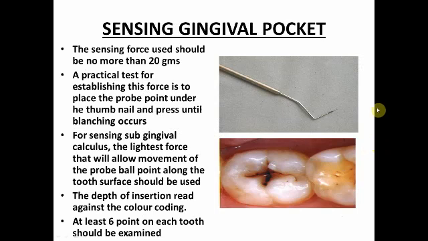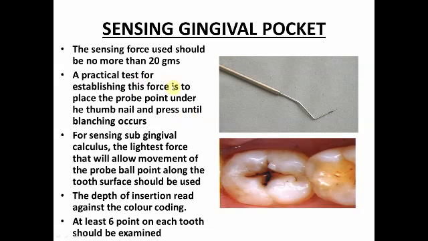The sensing force used should be no more than 20 grams. The person who performs this test needs to be trained, because excessive pressure will cause bleeding and will give a wrong diagnosis.